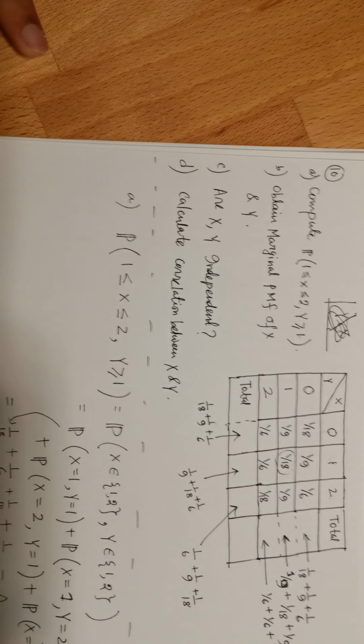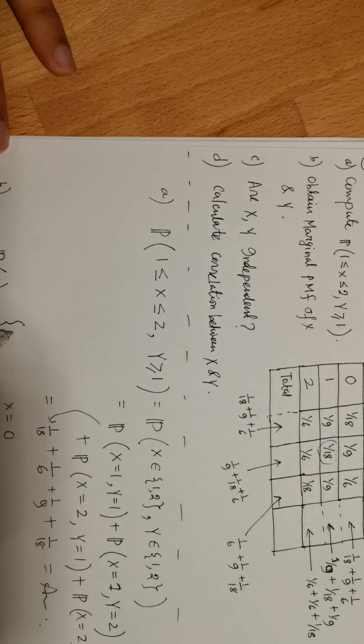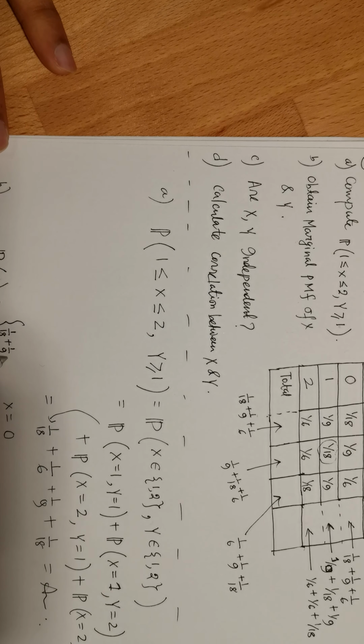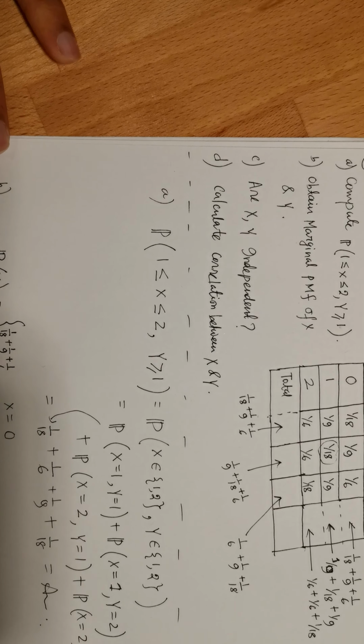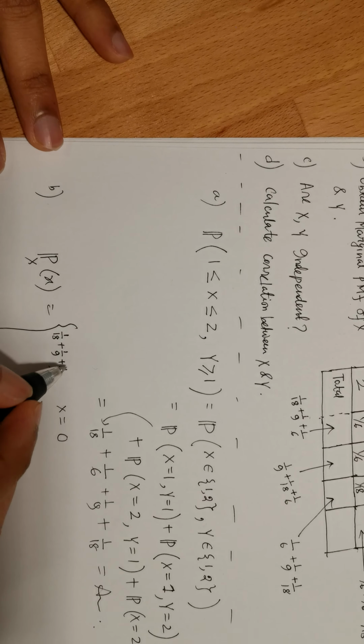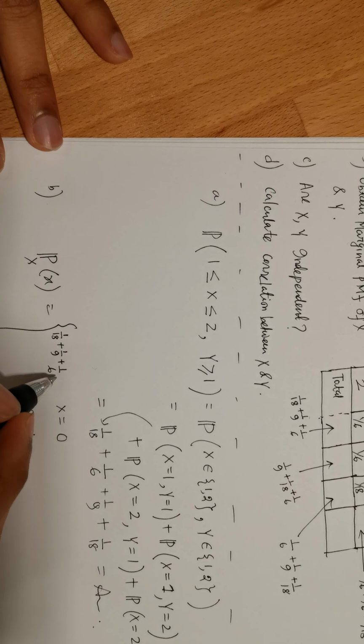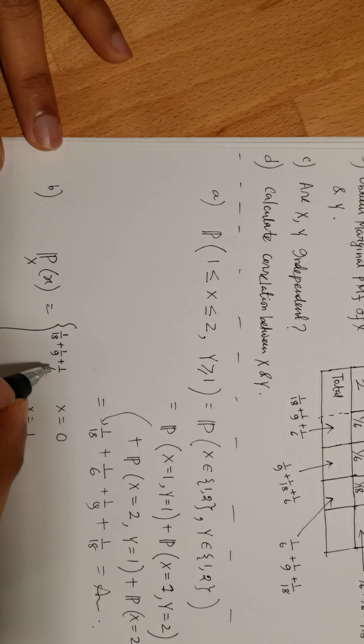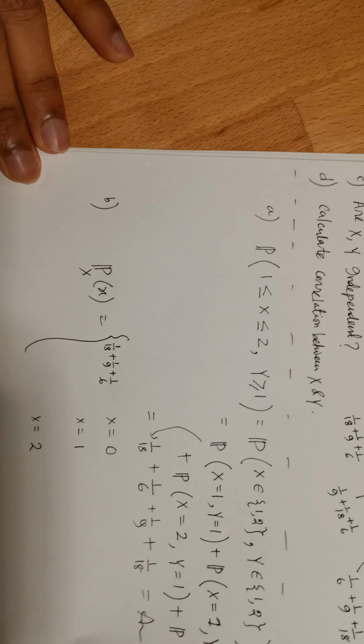So we just add this: 1 over 18 plus 1 over 9 plus 1 over 6. I am not writing the answer because I do not have a calculator, so you just add this, and that's the probability for x equal to 0.